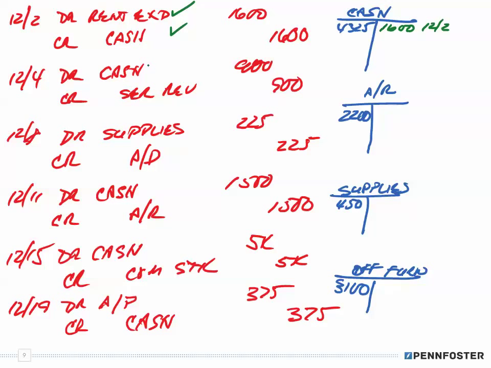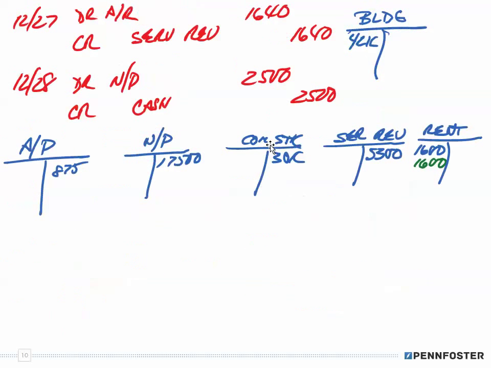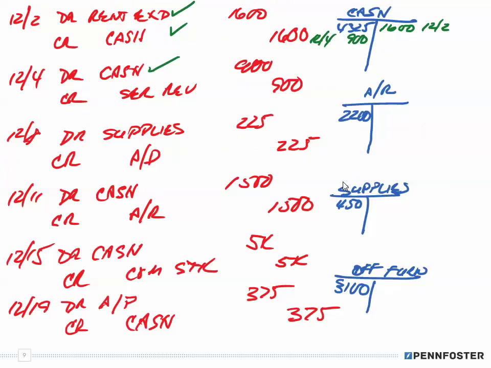Now for my next entry, I'm going to debit cash for $900. So I would put the date 12/4 here. And then I come down here to my service revenue account and put $900 on the credit side. I would normally put the date in there, I just don't have the space, so I'm not.